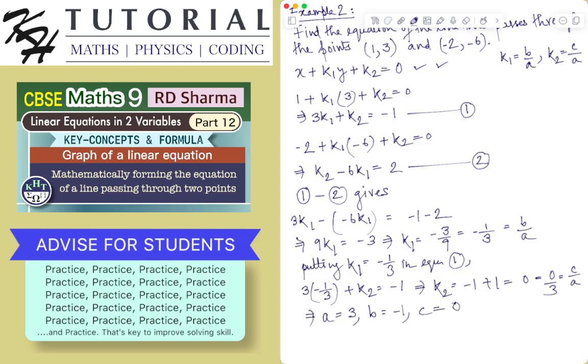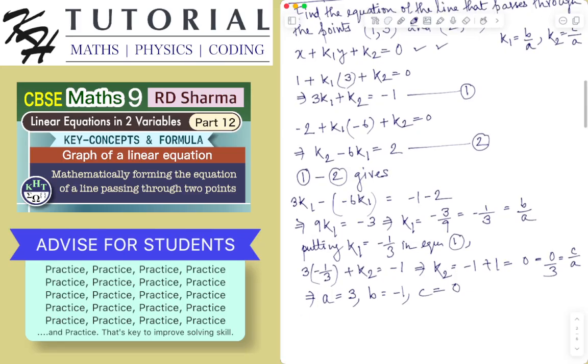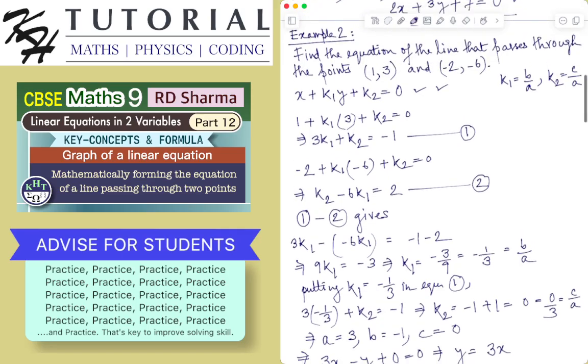So the equation of the line becomes Ax plus By plus C equals to 0. Ax will be 3x, By will be -y, plus C is 0 is equal to 0. This implies that y is equal to 3x.